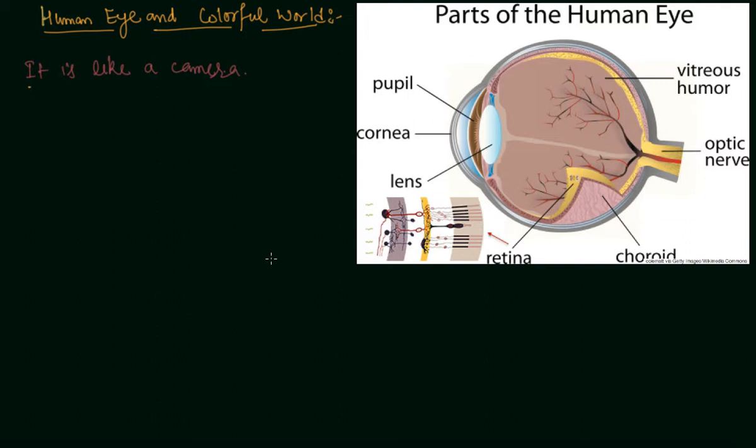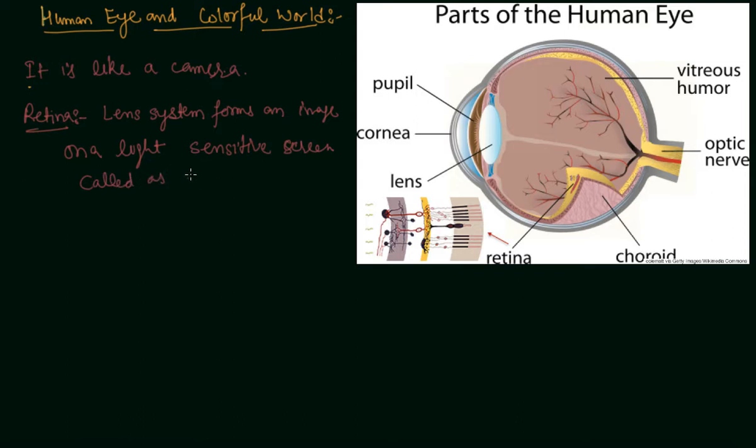Its lens system forms an image on a light sensitive screen called the retina. So what is the retina, students? The lens system forms an image on a light sensitive screen called the retina.